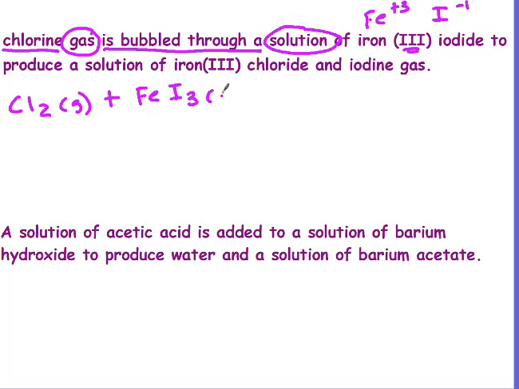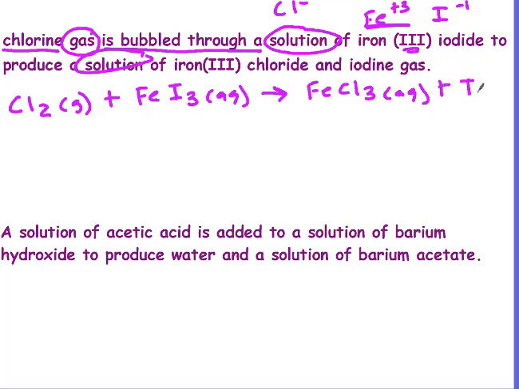It's a solution, so you should have put aq, arrow, because it says to produce. We still have iron 3, but now we have chloride with it. So that's going to be FeCl3, and it's a solution, so aq, and iodine, but iodine's diatomic, so I2, and that's a gas. So that's your skeleton equation for the first one.